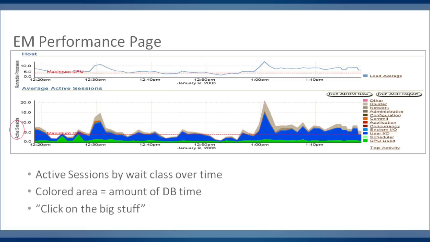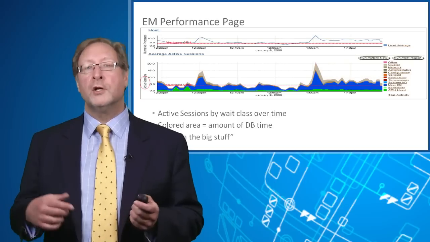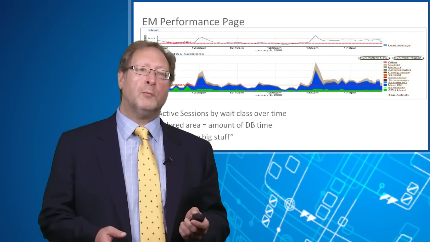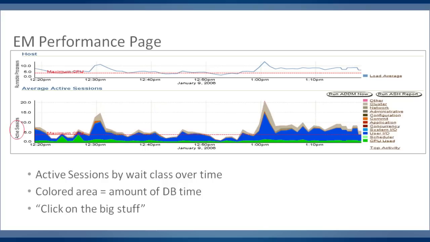And there's additional information in there because the color the graph is filled in with indicates what sort of activity the database session is doing. Two of the most prominent ones here: green is always CPU, blue is always I/O. So we can see that there are periods when there are a lot of sessions doing I/O in this case.